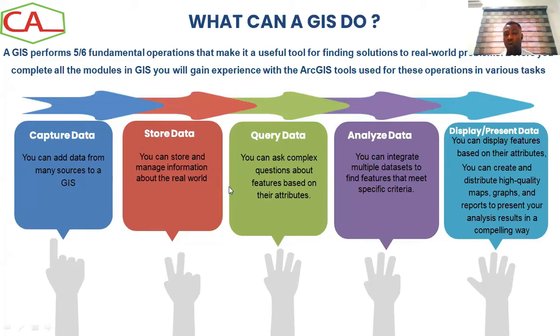Also, you can integrate all this data into multiple data sets, find features that meet a specific kind of criteria, and bring out your analysis. And at the end of the day, you'll be able to display your data in such a way that your audience understands it, or in such a way that you bring out your special thoughts concerning your data, and you present them in terms of high quality maps, graphs, reports, and every other format you might want.